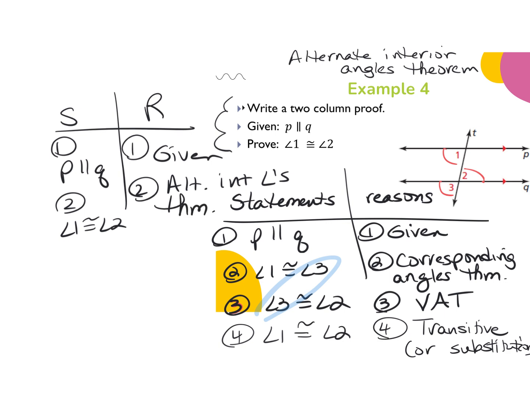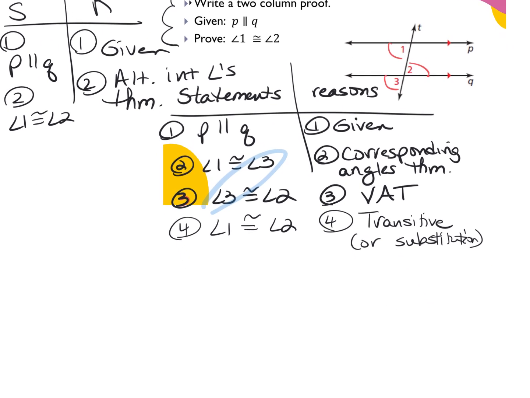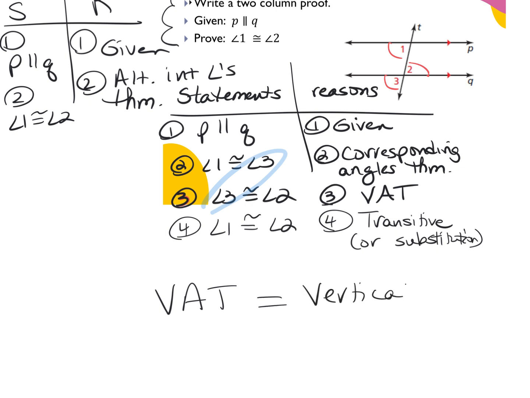But since they asked me to prove that theorem, I couldn't use it as a reason. So, yeah, VAT is my acronym for vertical angles congruence theorem. I just try to abbreviate it as quick as possible. Instead of saying VA, CT, it's just VAT.